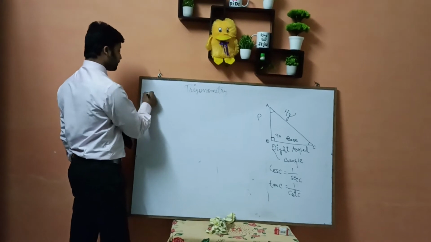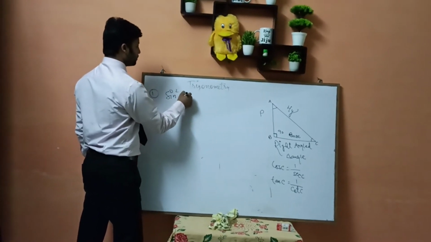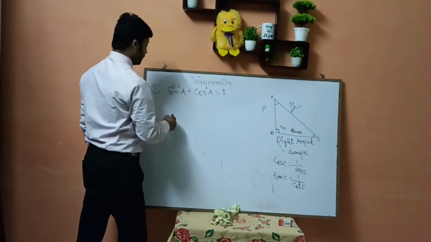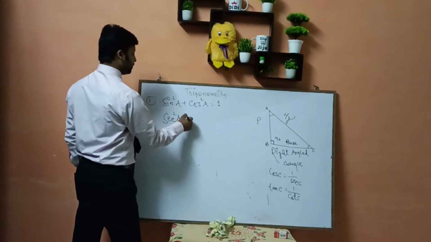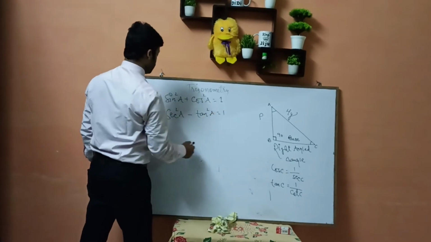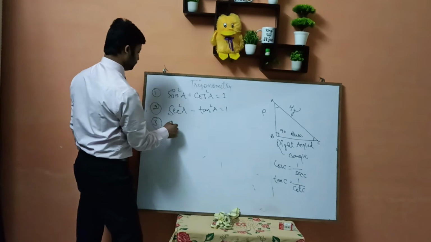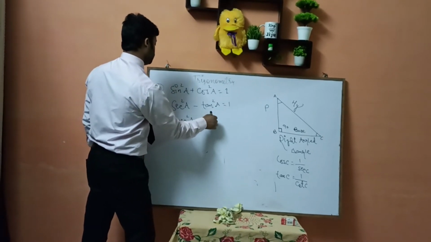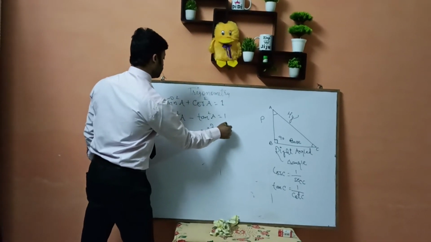The first identity: sine square a plus cos square a equal 1. Next one: sec square a minus tan square a equal 1. Third one: cosec square a minus cot square a equal 1.